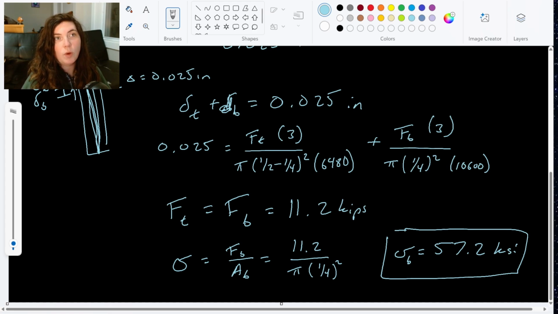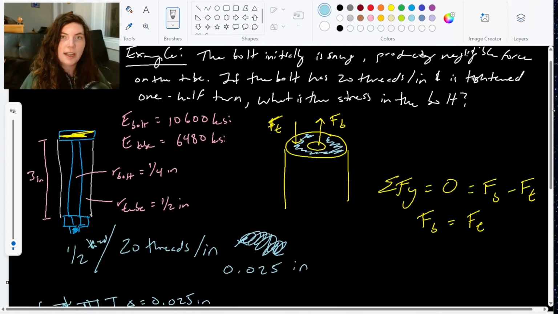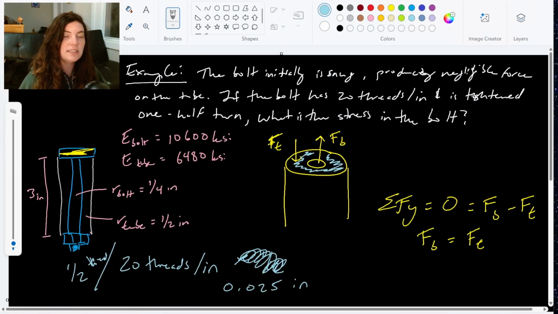Maybe if you tighten it that 1/2 turn, it goes to failure and your bolt breaks, right? So this can be helpful for calculating the stress and the displacements. That's what we use in these. With these statically indeterminate systems, we can find the reactions, we can find forces, we can find displacements, and relate those for whatever need we need to use them for.